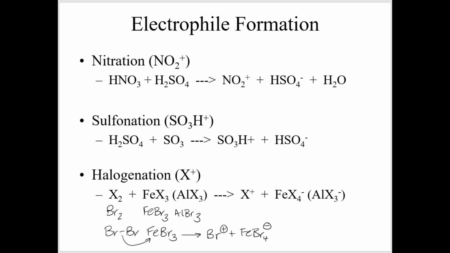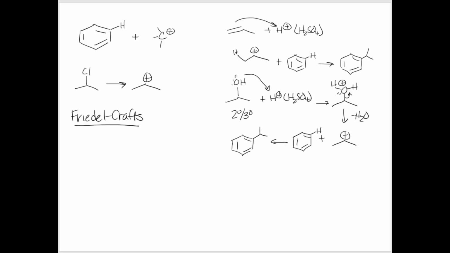So iron and aluminum will actually pull off the bromine from Br2, and we could use the same approach here for the Friedel-Crafts reaction. So let's say I took isopropyl chloride and reacted it with, traditionally in a Friedel-Crafts reaction, aluminum trichloride. We would break the carbon-chlorine bond, and we would end up forming the carbocation and AlCl4 minus.